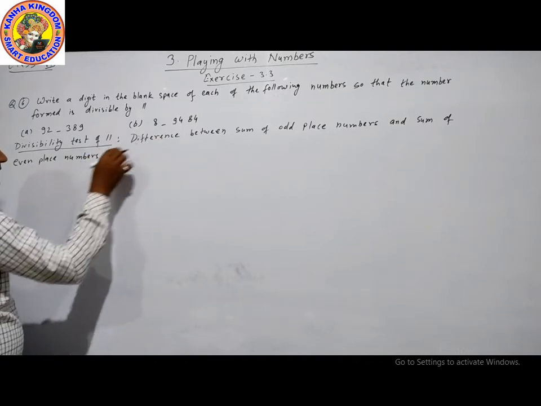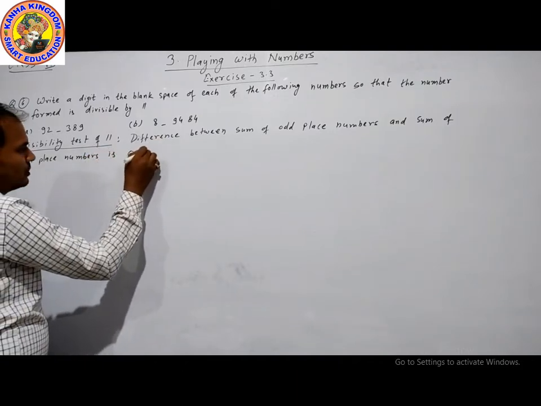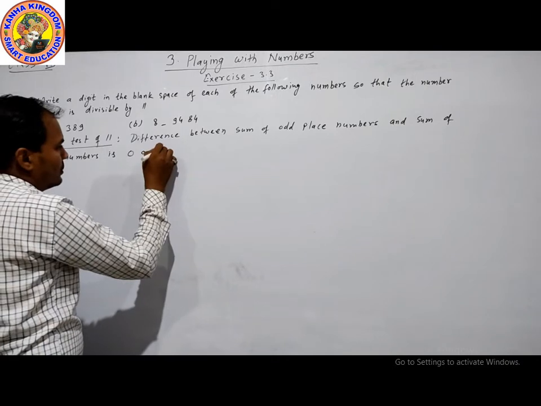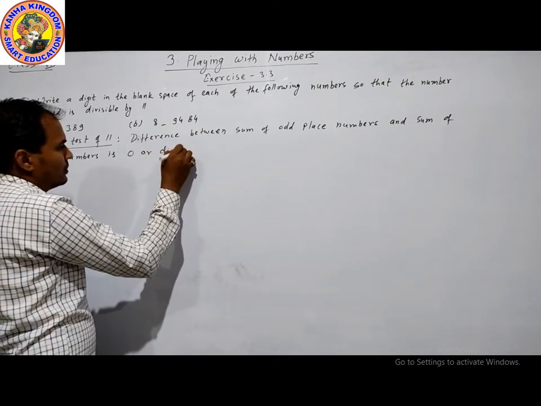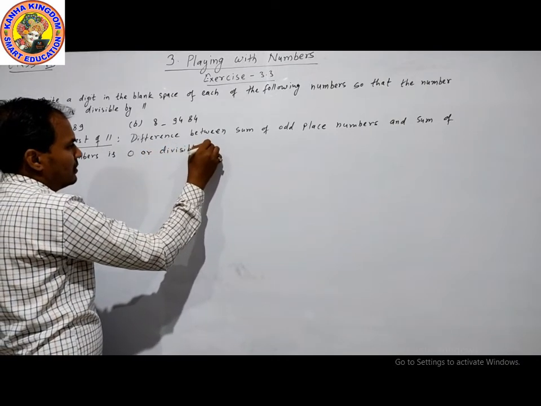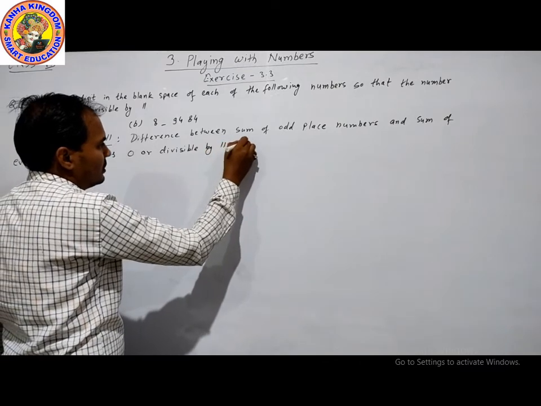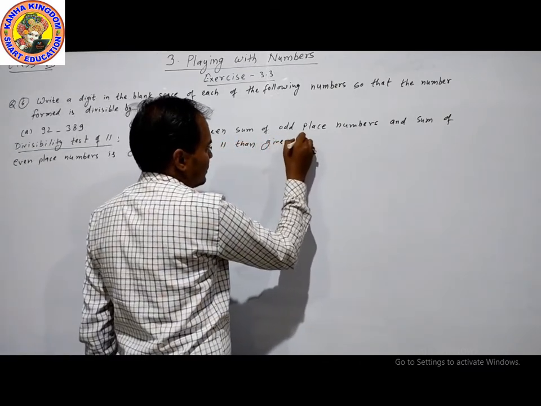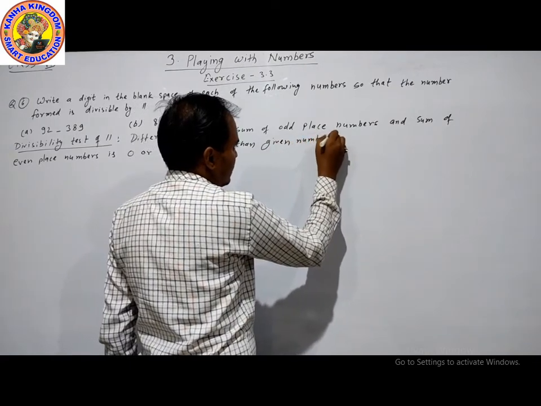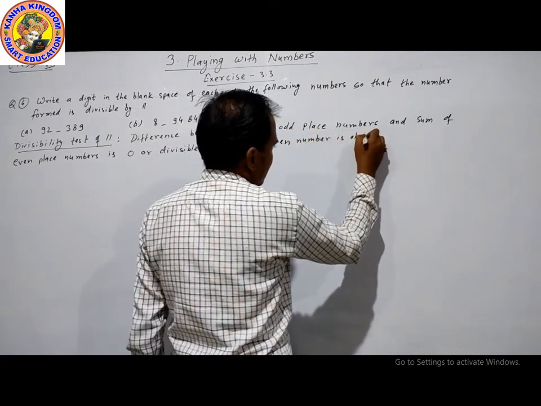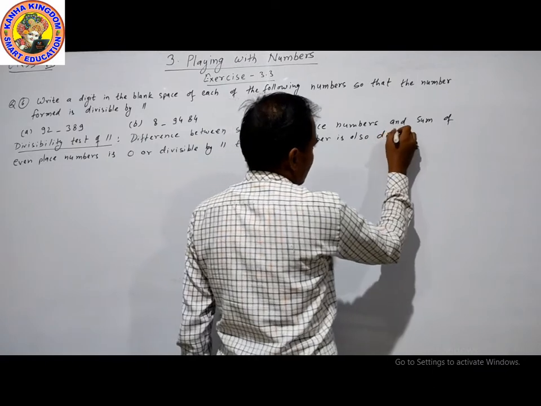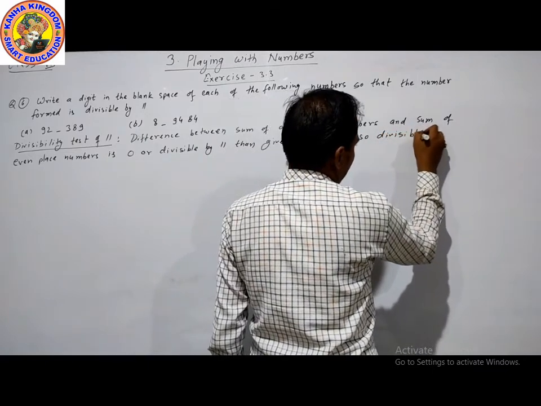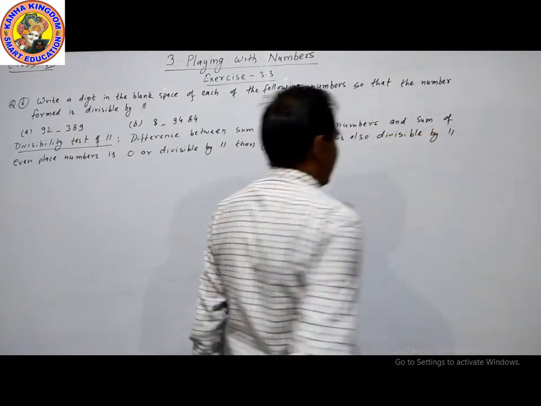is 0 or divisible by 11, then the given number is also divisible by 11.